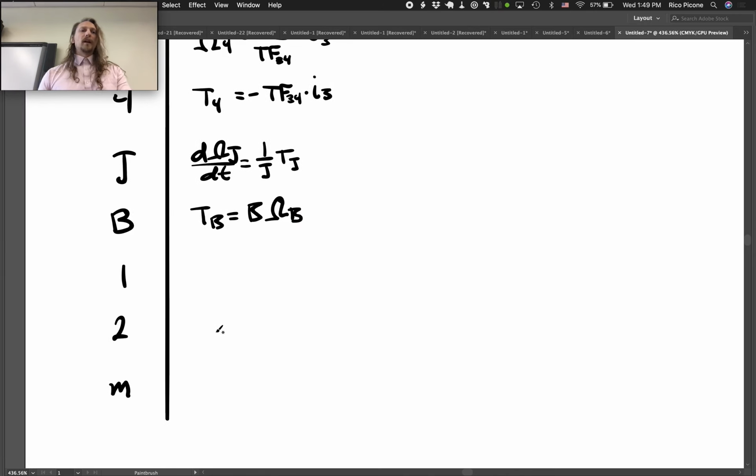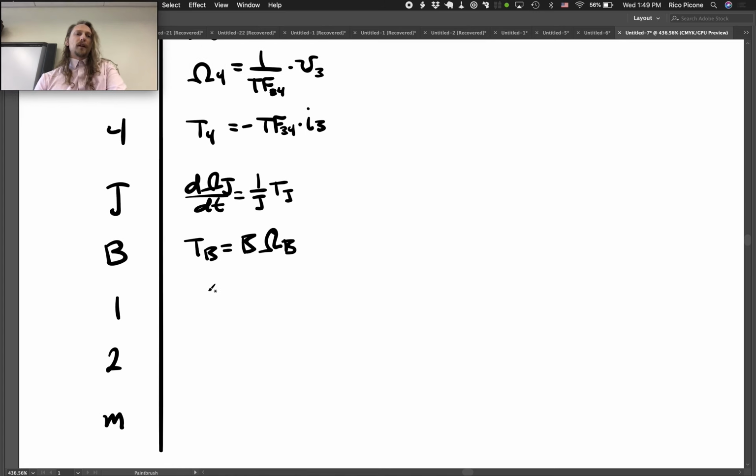And 1 and 2 are related through the spool in the same way. So we have our cross variable output here, which is V2 equals 1 over TF 1/2 times the cross variable on the one side, omega 1.